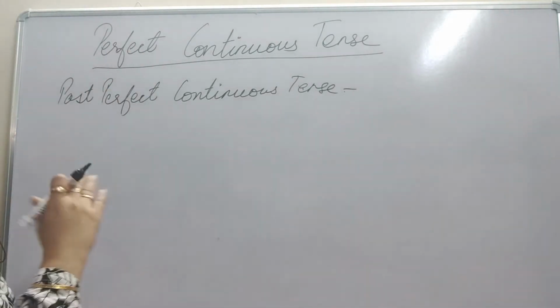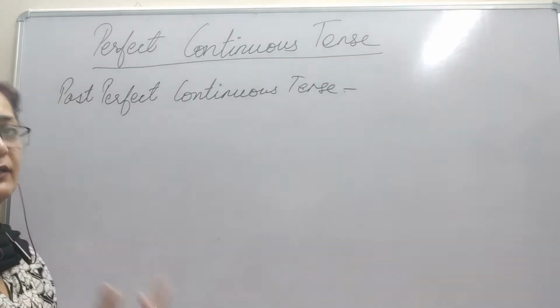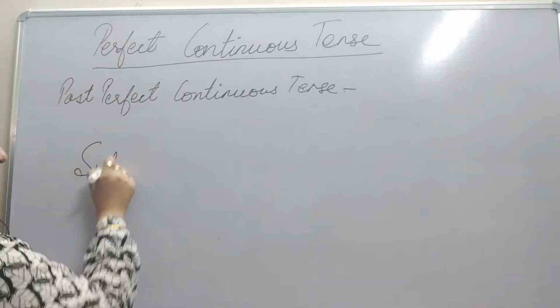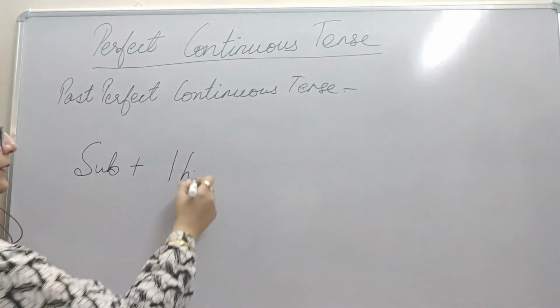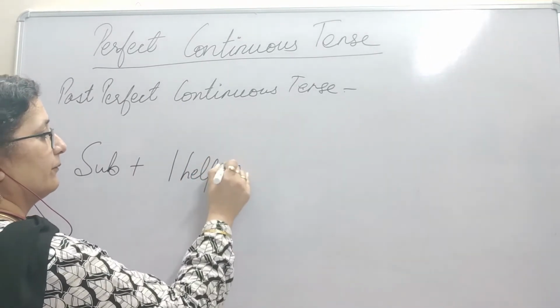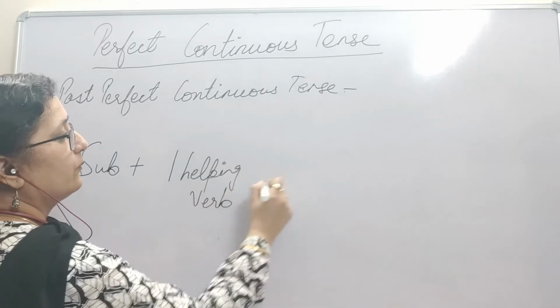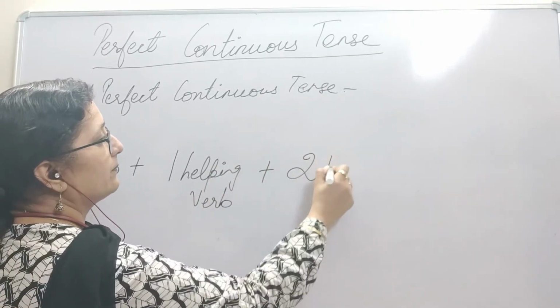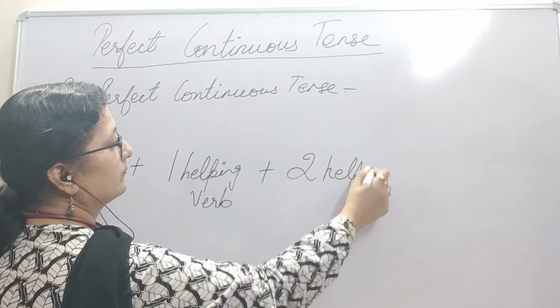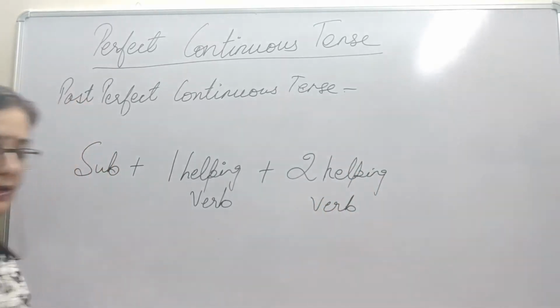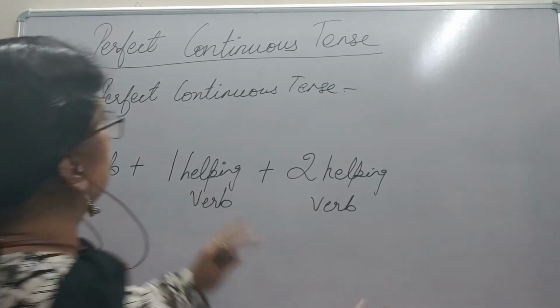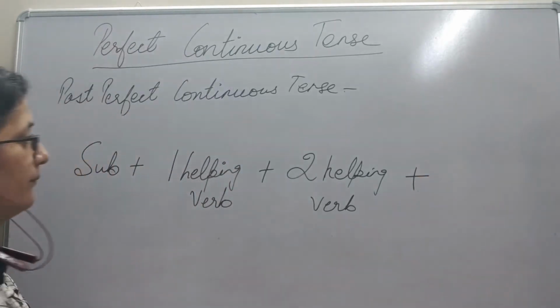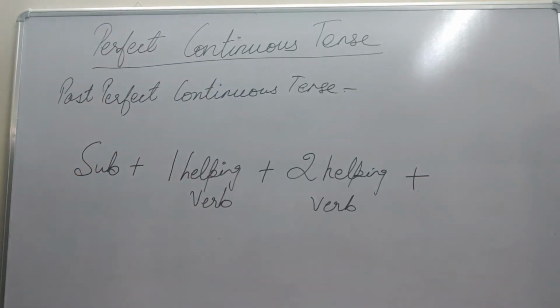When we write a sentence in the perfect continuous form, we have the subject plus the first helping verb or auxiliary verb, plus the second helping verb, and finally we have our verb. For example, when I give you the example with the sentence, that's going to be very, very clear to you.